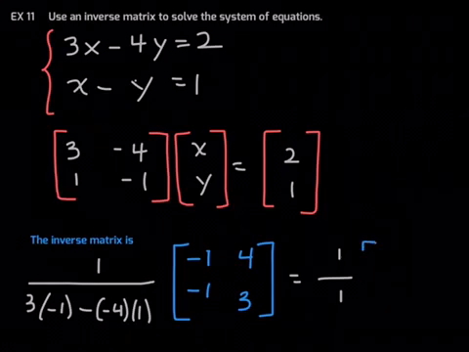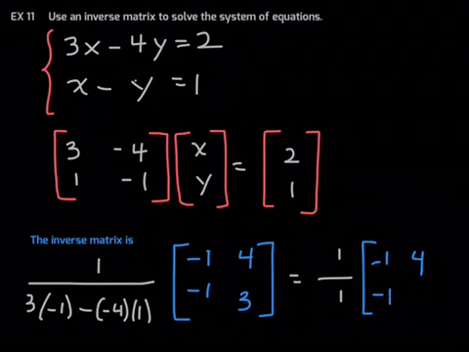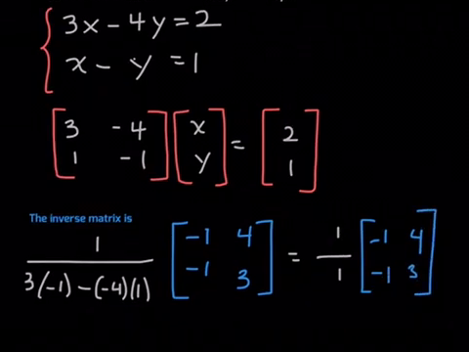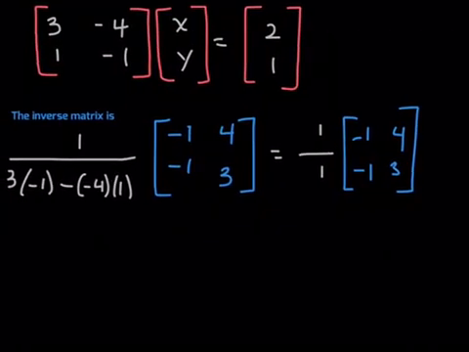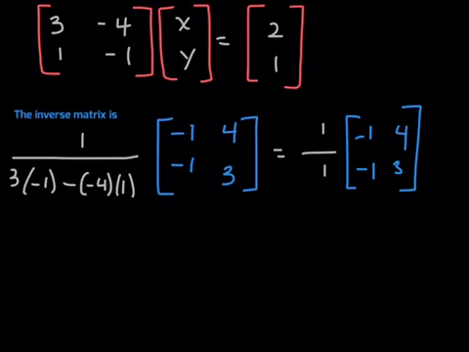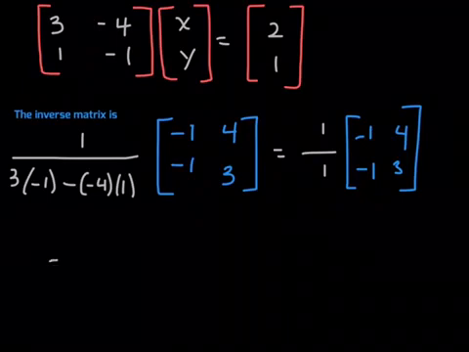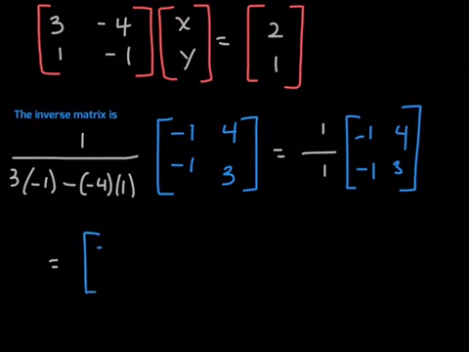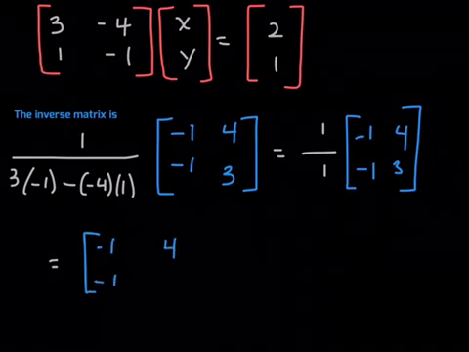So it'll be negative 1, 4, negative 1, 3. Okay? So let's move this up a little bit. So the inverse matrix is equal to, all right, here's the inverse matrix. Negative 1, positive 4, negative 1, positive 3.